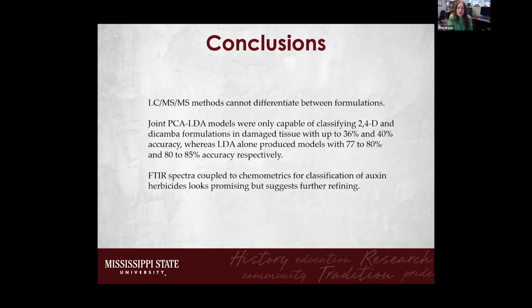So in conclusion, our typical methods that we use in the lab, the LCMS, MS methods, cannot differentiate between the formulations. If we look at the joint PDA, PCA, LDA models, they were only capable of classifying 2,4-D and dicamba formulations in damaged tissues between 36 and up to 40%, whereas the LDA alone produced models with accuracy between 77 and 80 and upwards to 85% respectively.